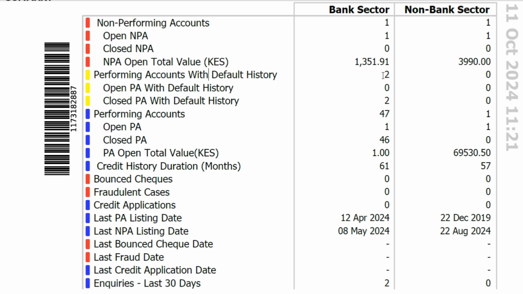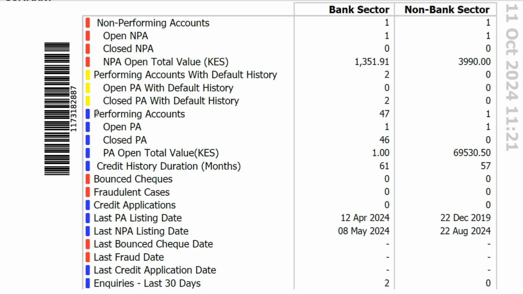So it goes down in history that you defaulted at one point, but you settled. As you can see on this person's summary, they had two of them under bank sector, but the person eventually settled the amount. So that is what we imply by performing account with default history.